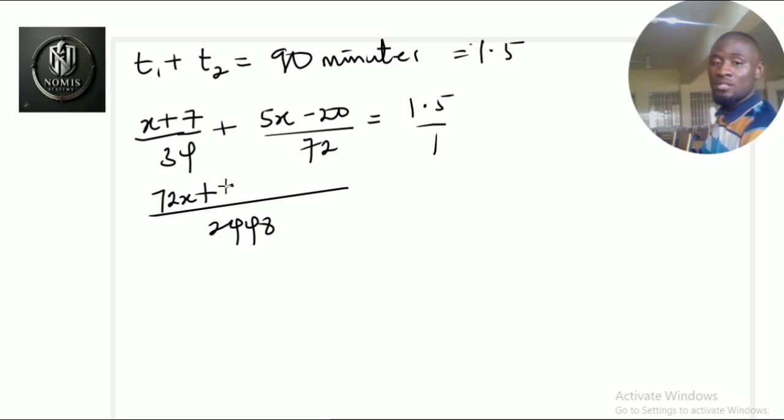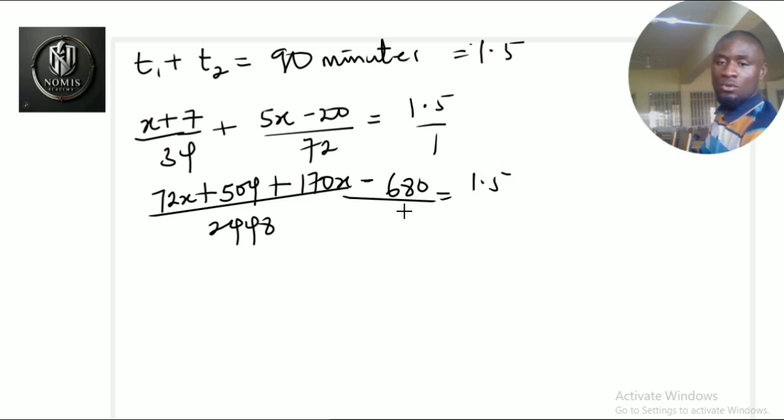So that's 504 plus, 2,448 divided by 72 gives us 34. So 34 multiplied by 5x will be 170x, minus 34 multiplied by 20. You know, 34 multiplied by 2 gives you 68, plus 0, that's 680, equal to 1.5.